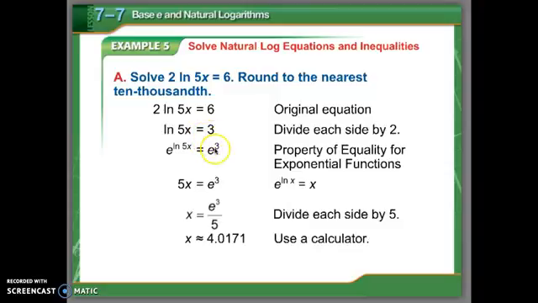That's the property of equality for exponential functions. So we're raising each of these things with e as the base. E and natural log cancel each other out. This just becomes 5x equals e to the third. We're going to divide both sides by 5. Put this in the calculator, e to the third power divided by 5, and you should get 4.0171 as your final answer.